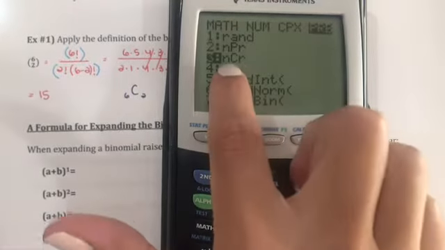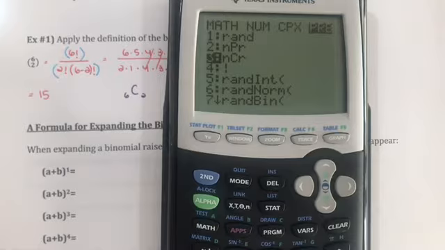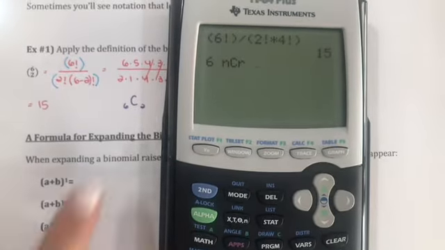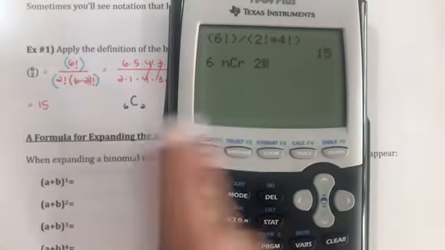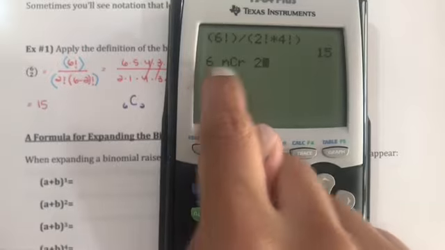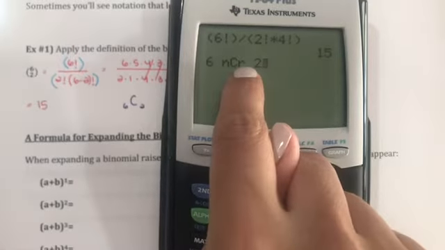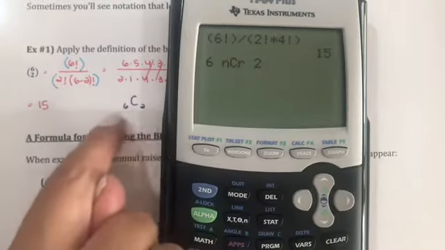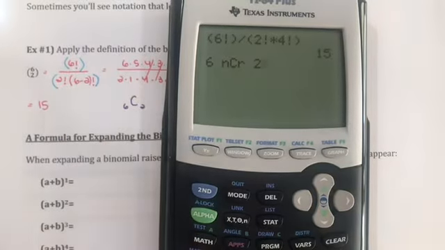Notice you have nCr. I'm going to click that. And now I put the 2 in, because you want to make sure that the 6 is on the same side as the n and the 2 is on the same side as the r, like how you have it here. This is how you type it in, and notice you get the same answer.